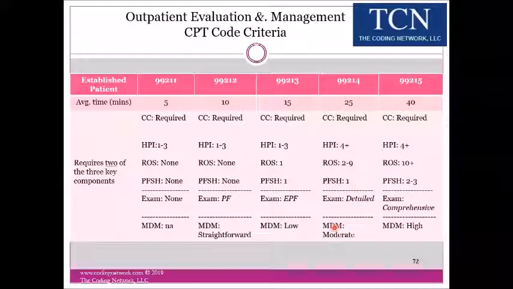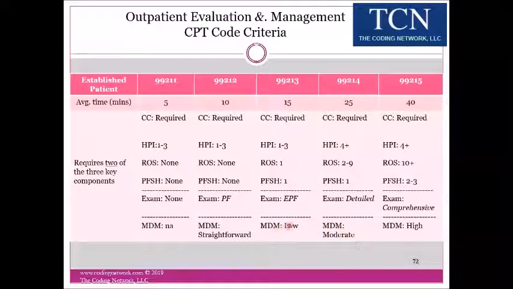I know with a lot of E&Ms, it seems as though with the EMRs now in place, sometimes it's kind of easy to document a more comprehensive history or exam because of the templates that are out there. I've seen some templates that are easily pre-populated, or it's easy to copy, paste, and carry forward. And so the medical decision-making piece kind of levels the playing field, so to speak, and makes it more reasonable as your level of service.